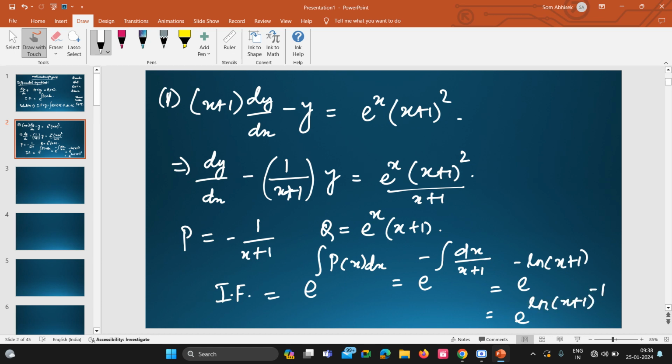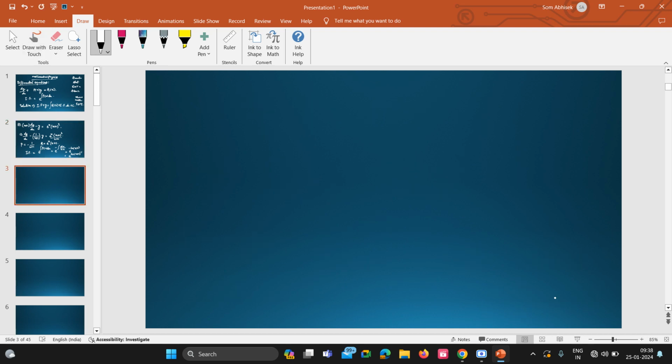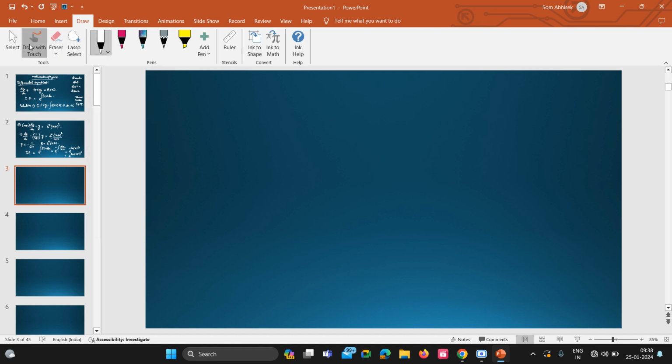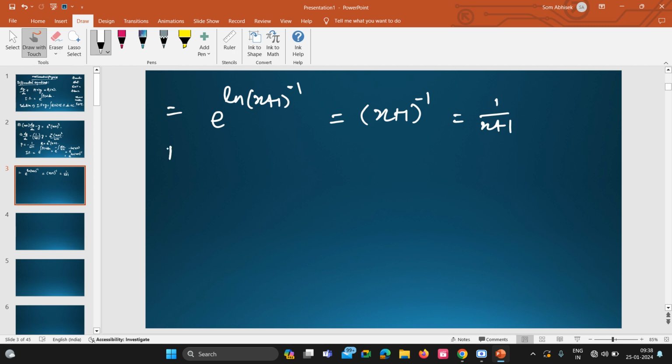So I can write it as (x plus 1) to the power minus 1, so your integrating factor is 1 by x plus 1.